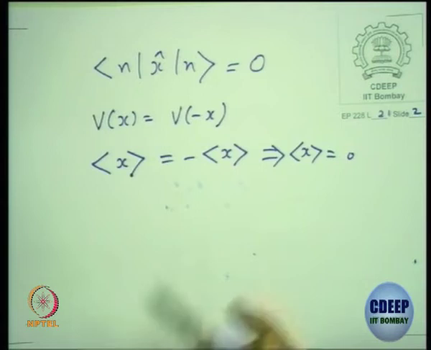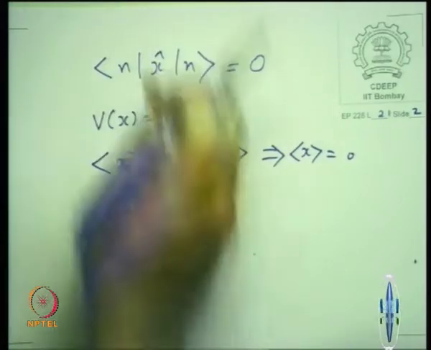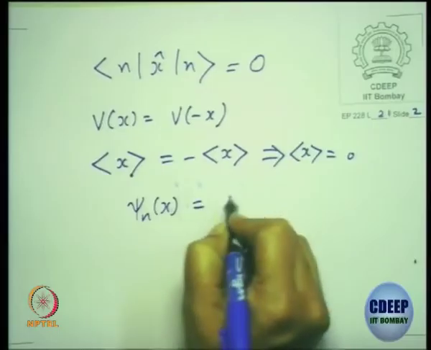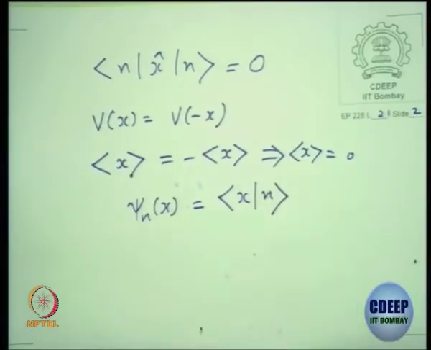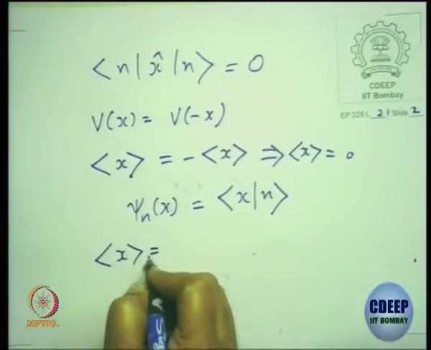And now we do it by the oscillator number eigenstates, and we see that explicitly it is happening, and you can write psi n of x as <x|n>, and you can find expectation value of x, right.